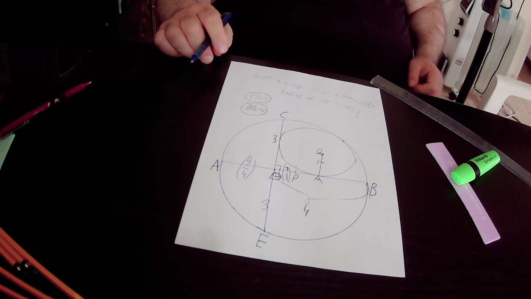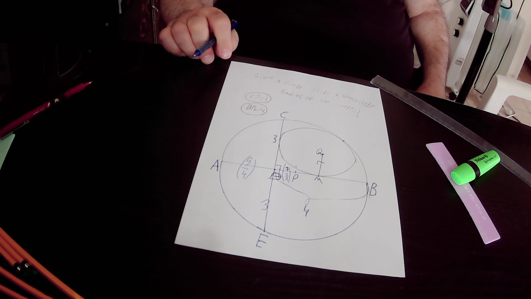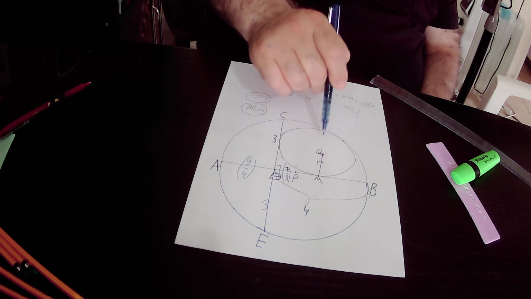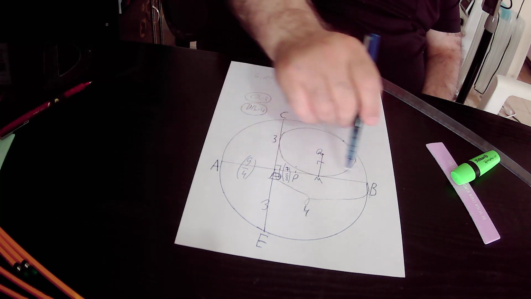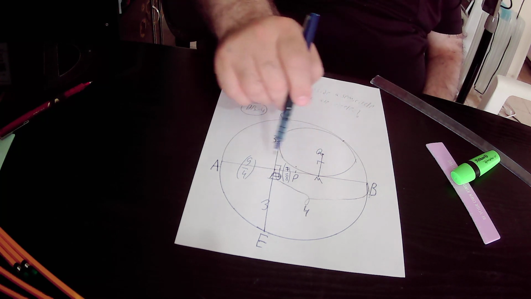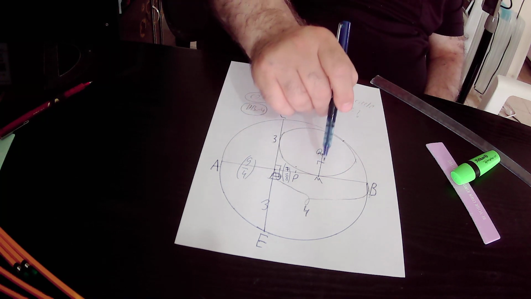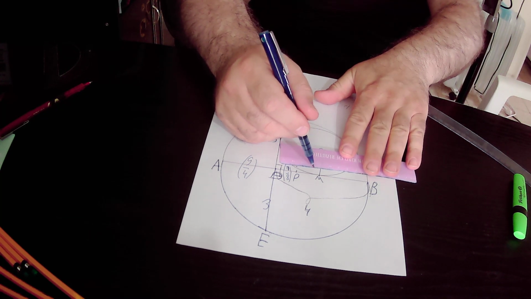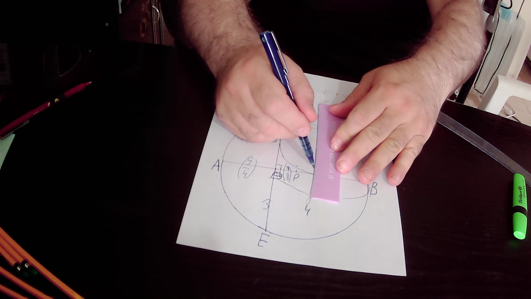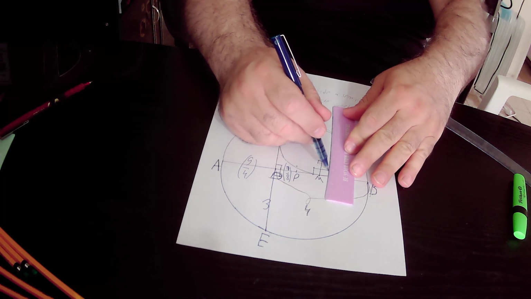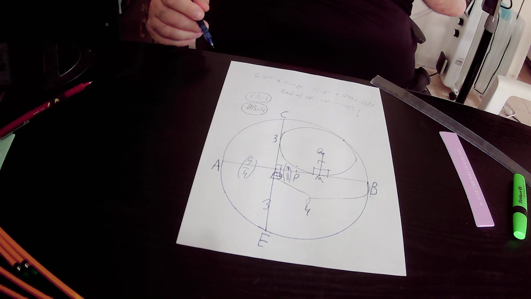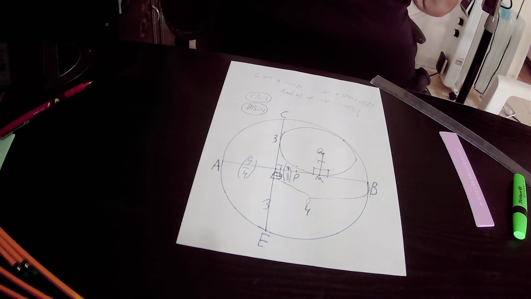And whenever you have a radius that is drawn to the point of tangency, then the tangent will be perpendicular to that radius. Again, DB is perpendicular to QM. So this angle equals 90 degrees, and this angle will also equal 90 degrees according to the rule that I have already mentioned. A tangent to a circle is perpendicular to the radius that is drawn to the point of tangency.